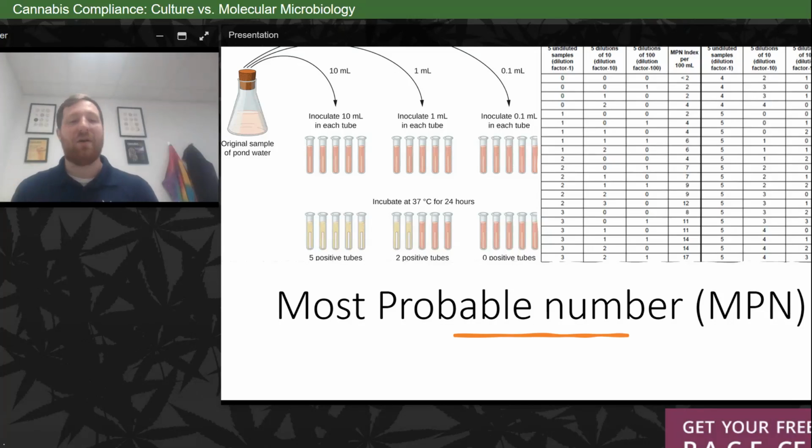And then maybe they're read automatically, or through manual readers. Then we can use an MPN chart, and all we do is say, okay, I had 5 of these, and then 3 of these, and 2 of these, and then we slide across, and that gives us the most probable number of the target organism in that original sample.